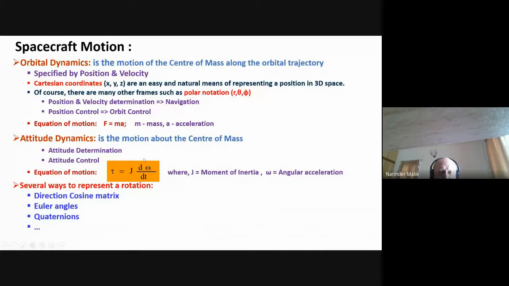This d omega by dt is the angular acceleration. Here mass is replaced by the inertia, force is replaced by the torque, and the linear acceleration is replaced by the angular acceleration. So that's the difference. There are several ways to represent a rotation: direction cosine matrix, Euler angles, quaternions, etc. We will deal with these in the following slides.